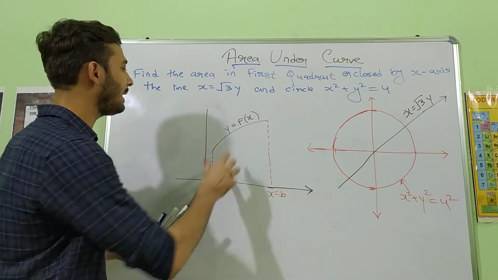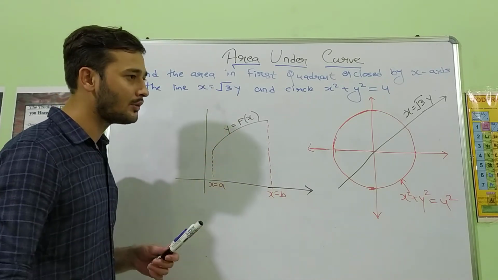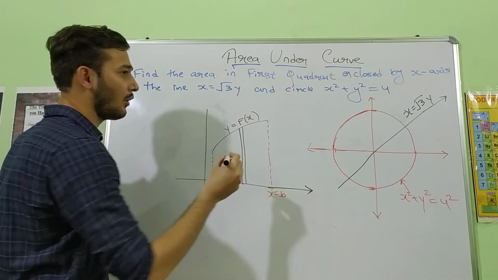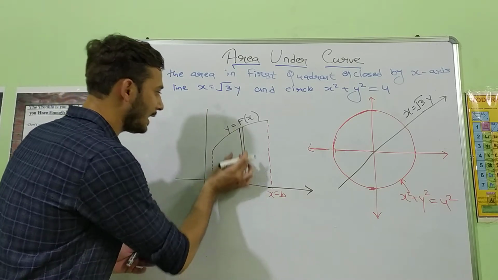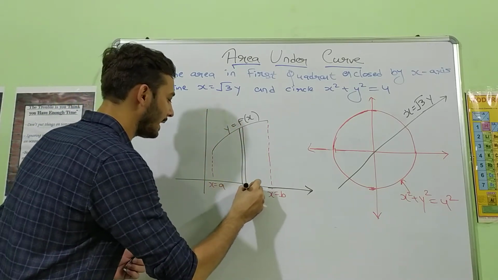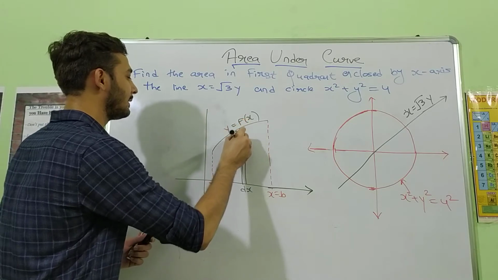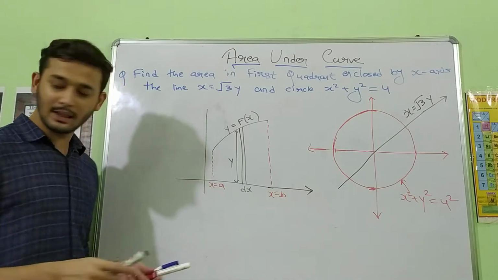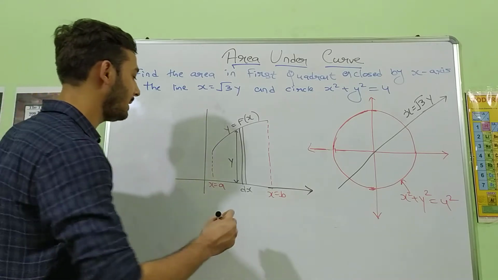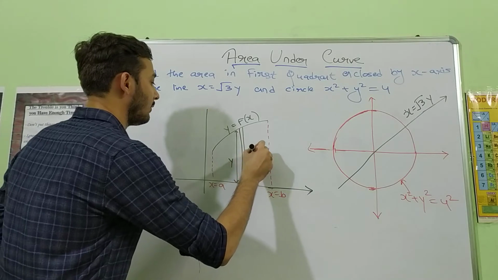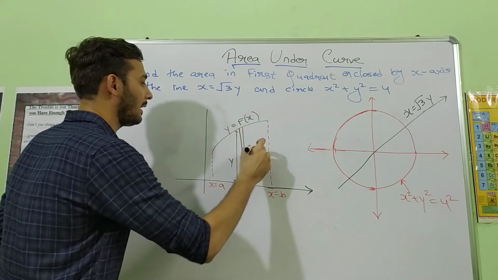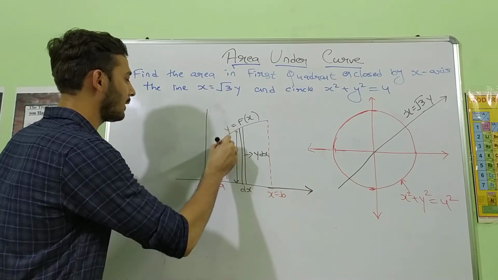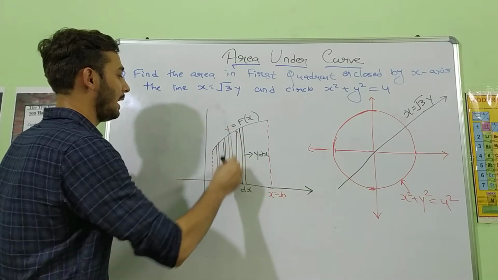Just integrate this function. What we do is take strips, vertical or horizontal. Here we are taking a vertical strip, let the width be dx, and this distance is y. So the area of this strip will be y, the length, into dx, the breadth. And in integration, we take so many small strips.